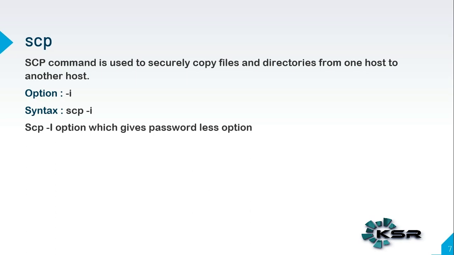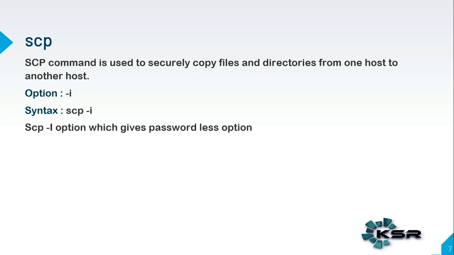The cp command is used within the host, because we cannot use it to copy from one host to another, whereas scp can be used from one host to another host. So it is a secure copying command.